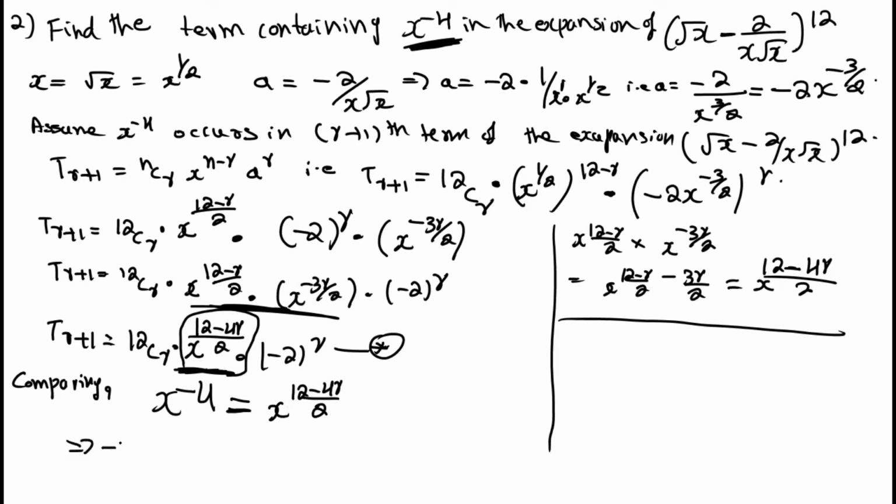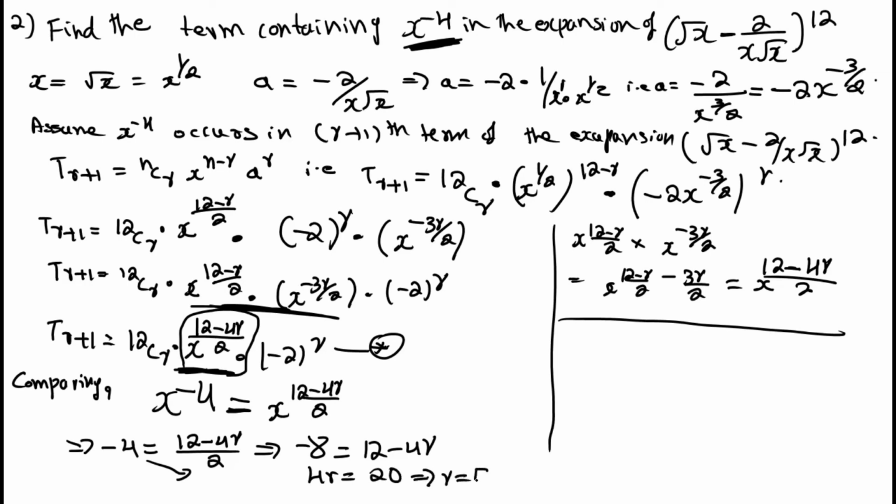This implies minus 4 equals (12 minus 4r)/2. This implies minus 8, the minus is there, right? Minus 8 equals 12 minus 4r. Okay. 4r equals, take 8 here, you will get 12 plus 8, equal to 20. This implies r value equals 5.